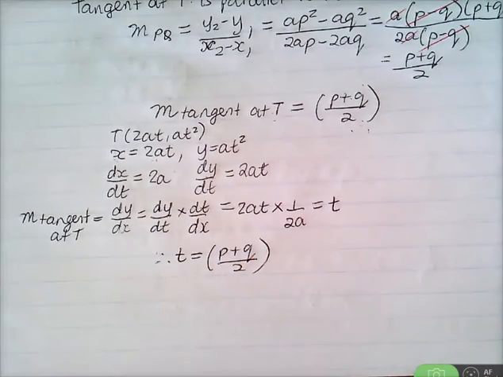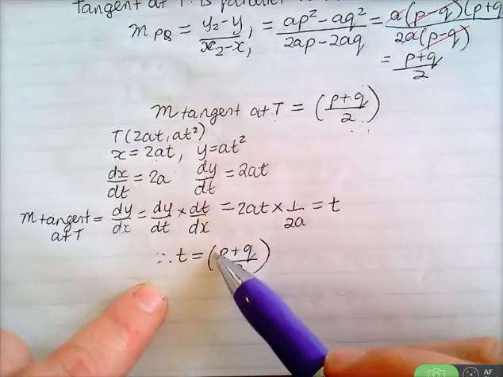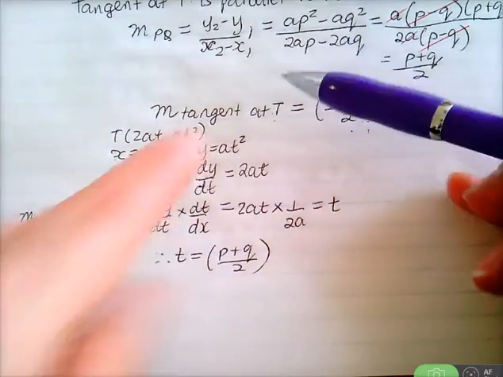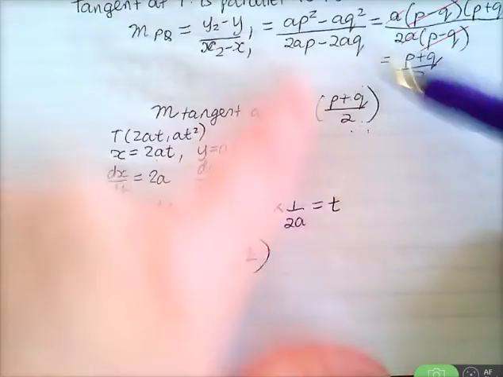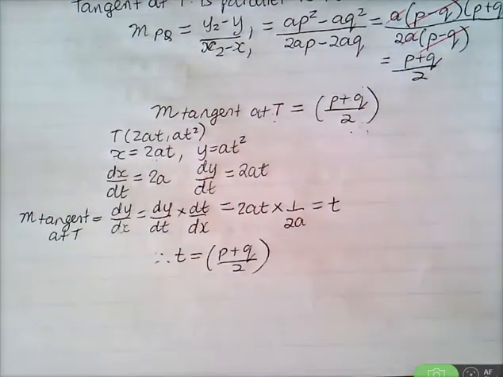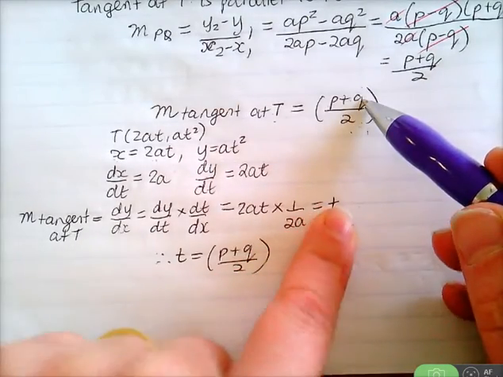It's tricky. I've worked out the gradient of the tangent in 2 ways: the normal method using differentiation, and using the fact that it was parallel to PQ. Because I've worked out the gradient of the tangent at t in 2 ways, the 2 answers have to equal each other.